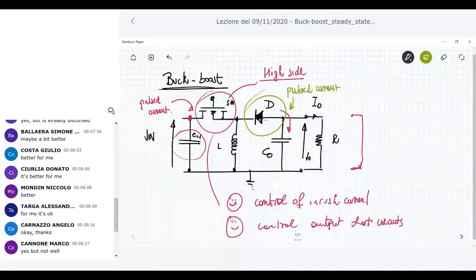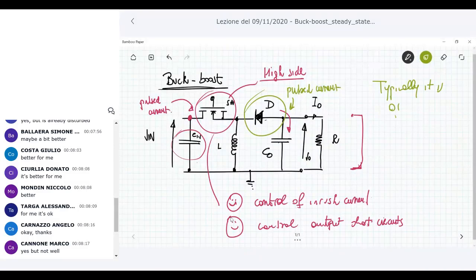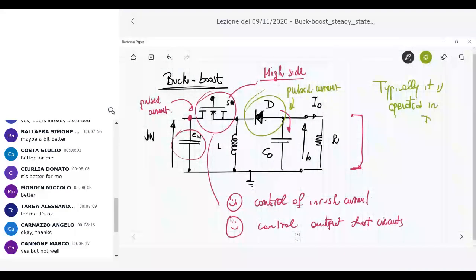Another consideration that I can say now, but we will explain later in this course, is that the buck boost is typically operated in DCM.